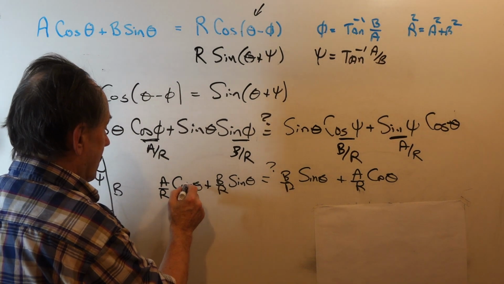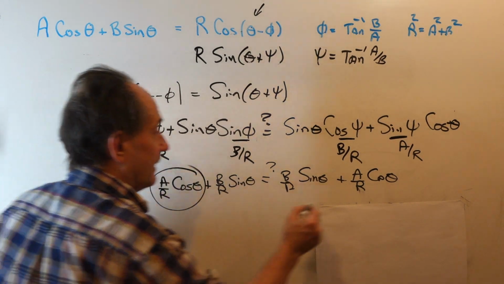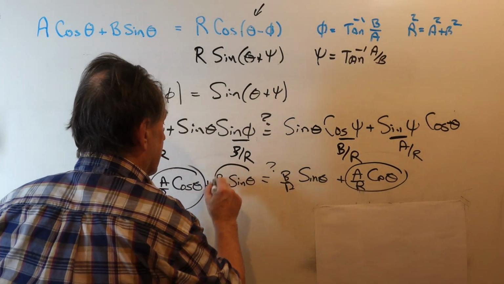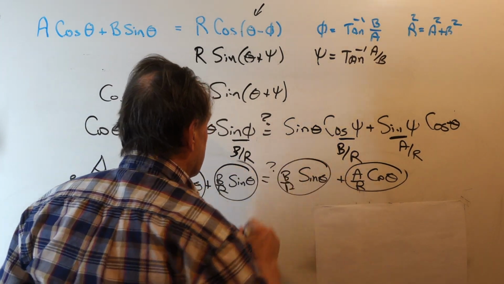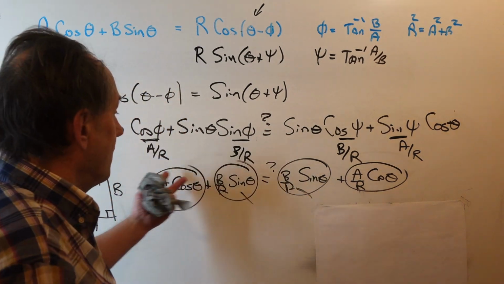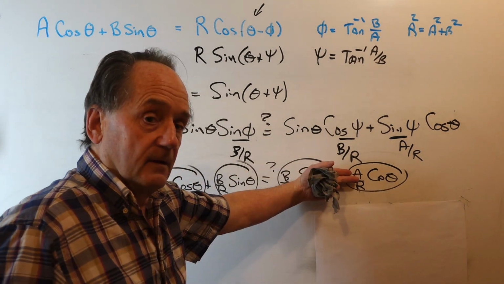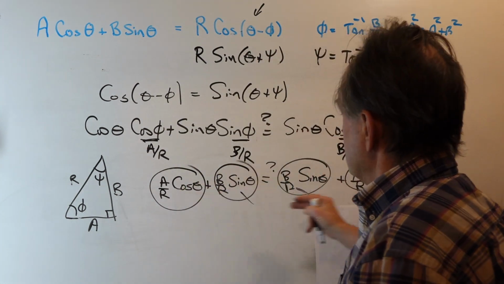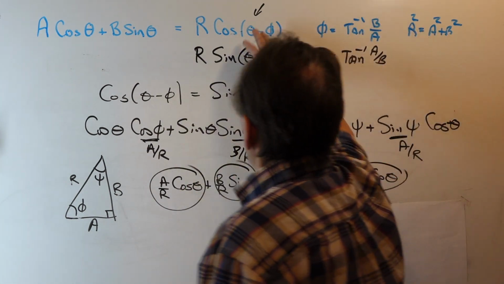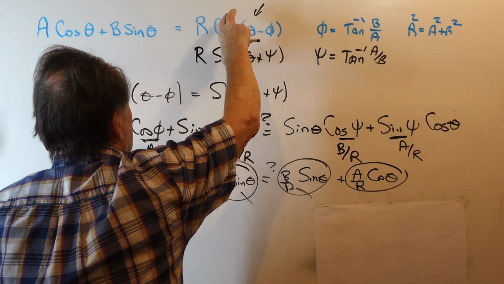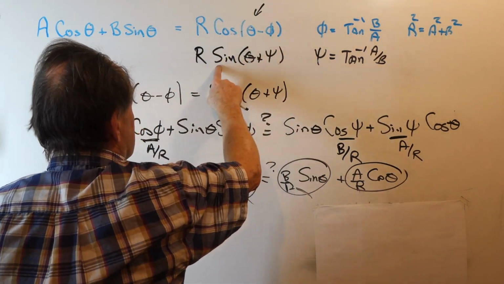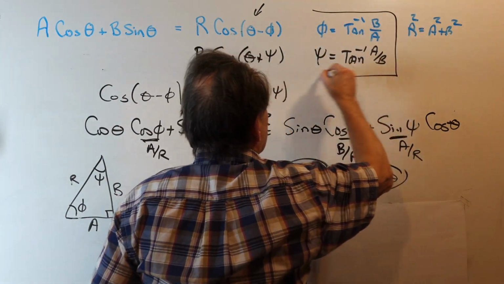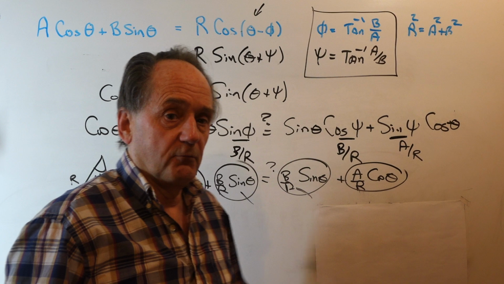We have A over R times the cosine of theta on that side, and B over R times the sine of theta, and B over R times the sine of theta there. So each side of the equation has the same terms. So it is equal. So we verified indeed that the cosine of theta minus phi is equal to the sine of theta plus psi when phi and psi are given by those relationships.